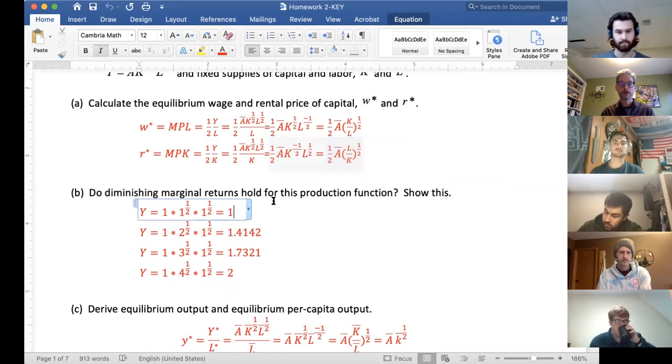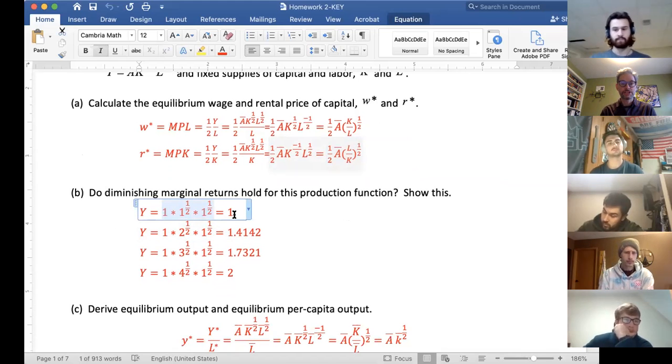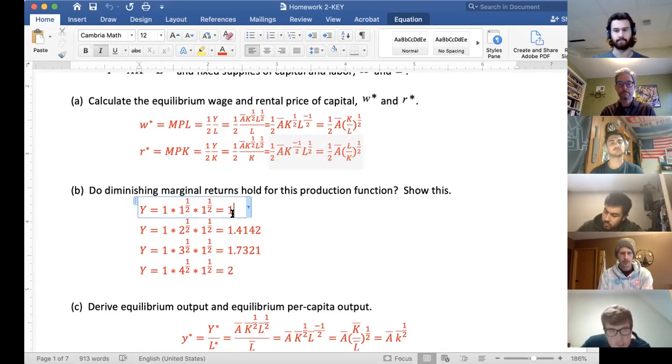Do diminishing marginal returns hold for this production function? Yes. Diminishing marginal returns say that when the quantity of an input goes up, the marginal product of that input goes down. So if we look at the marginal product, what's happening to the change in output as one input changes? For instance, if we start with 1 unit of capital and 1 unit of labor, what's output? 1.